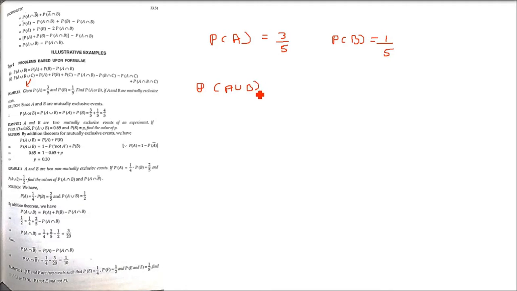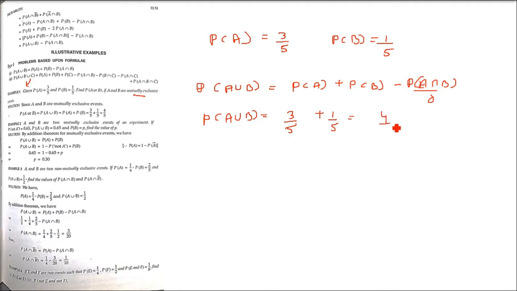P(A or B), as we know the theorem, is P(A) plus P(B) minus P(A intersection B), right? But they are mutually exclusive, so A intersection B will be 0. So P(A union B) will be simply 3 by 5 plus 1 by 5, P(A) plus P(B), which gives you 4 by 5. So this is how you are going to apply the formula. This is the problem based on formula.